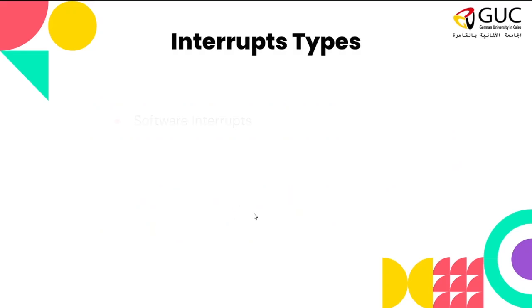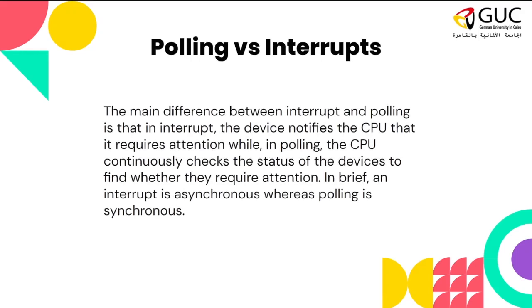We can have software interrupts or hardware interrupts. There are multiple types. So, in short, polling versus interrupts. The main difference between the two is that in an interrupt, the device notifies the CPU that it requires its attention, while in polling, the CPU continuously checks the status of the device to find whether it requires attention or not.